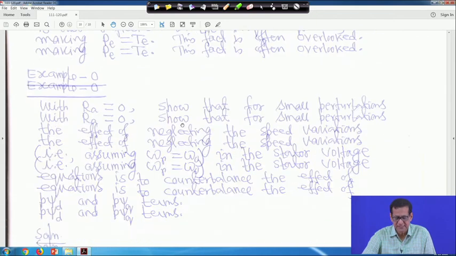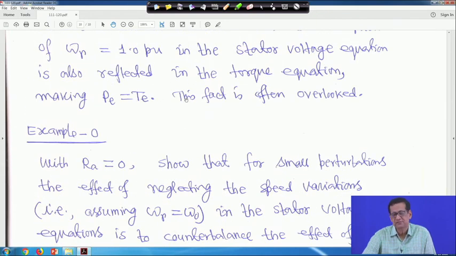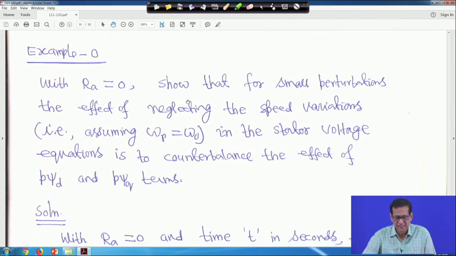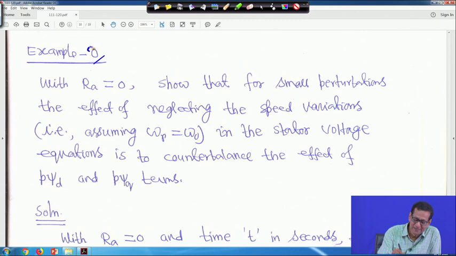All these things we have discussed in the previous lecture. Next is example 3. A little bit of understanding is required for this example, because there is no data, but some proof. Suppose we assume Ra is 0, because Ra is very small.